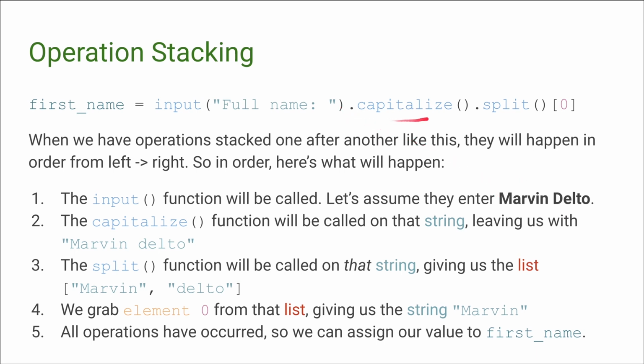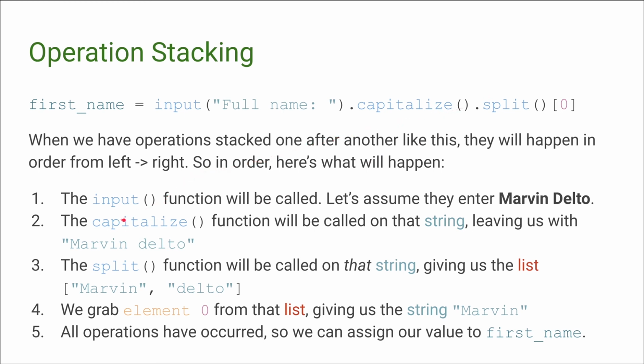The capitalize function is allowed to be called on string values. So we're going to call capitalize on that string, marvin delto, and that's going to give us the string Marvin Delto, because capitalize will return the value after you've capitalized it. So we've got our string Marvin Delto now. Then we're going to call our split function on that string.